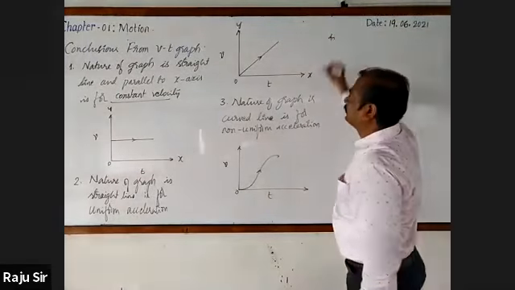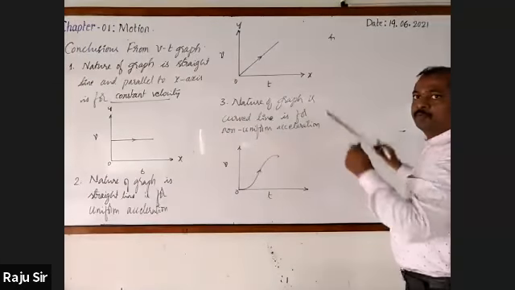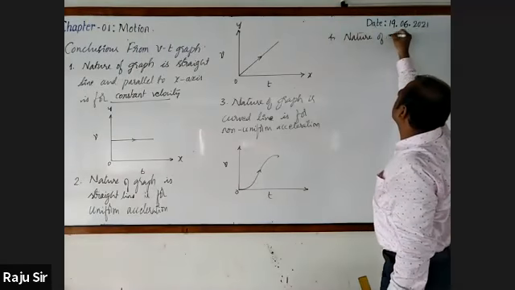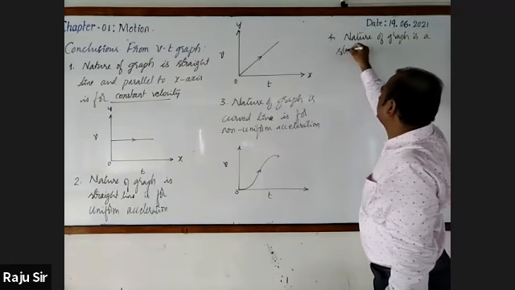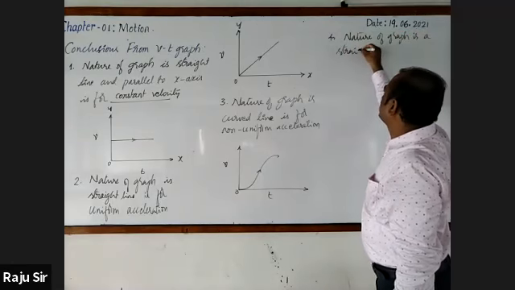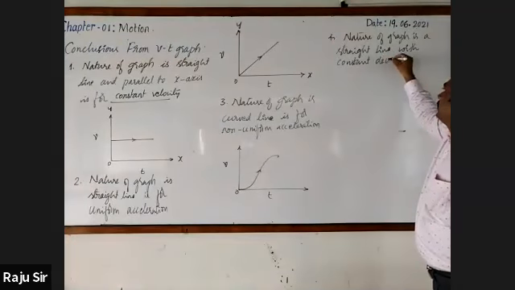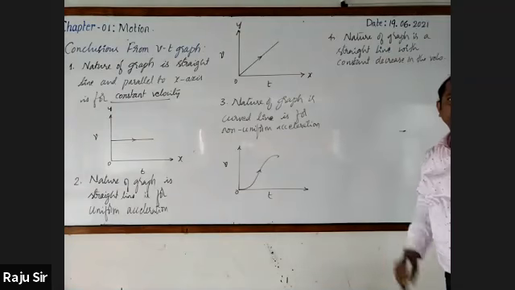Next. Fourth one. Nature of graph is a straight line. Straight line. Uniform deceleration, with constant decrease in the speed or velocity.